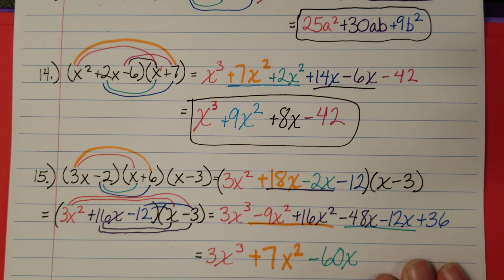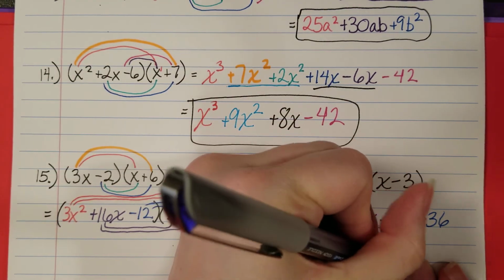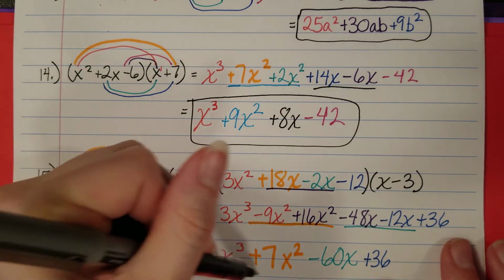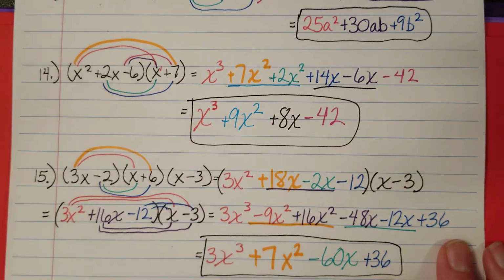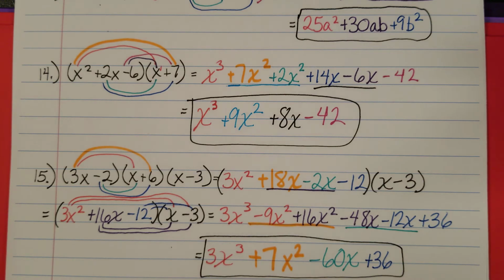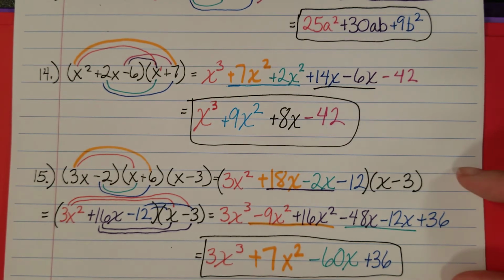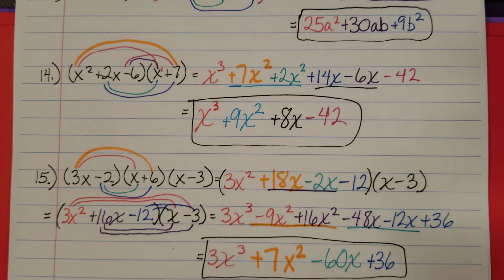And then bring down plus 36. And we have the final answer. And again, I'm going to claim that that was not that bad. Look, only took up that much room. All right.